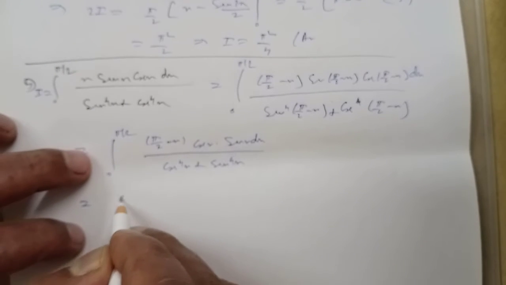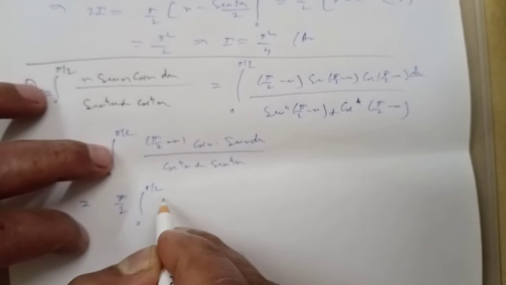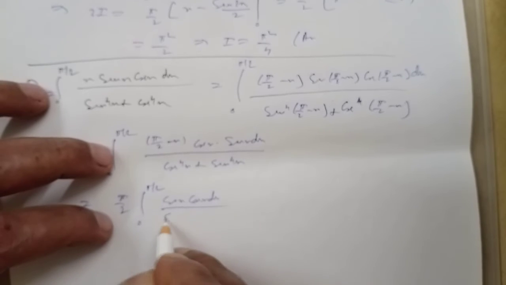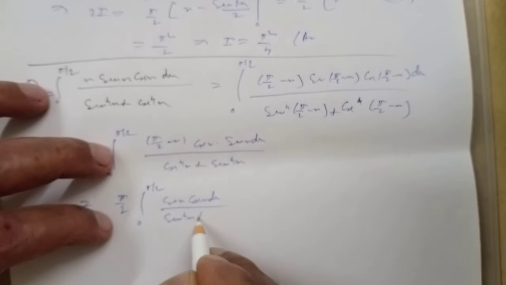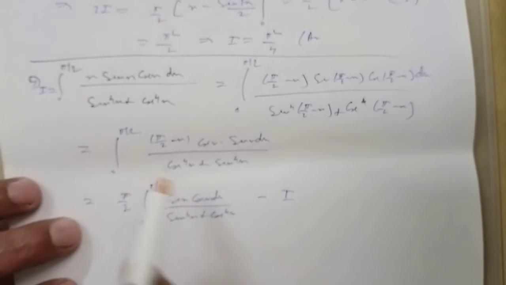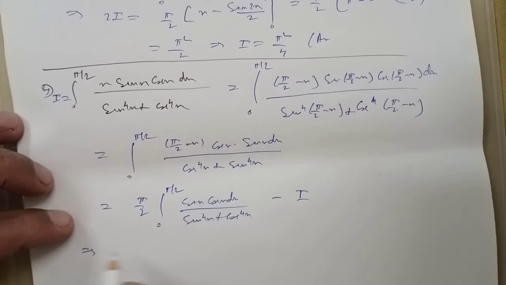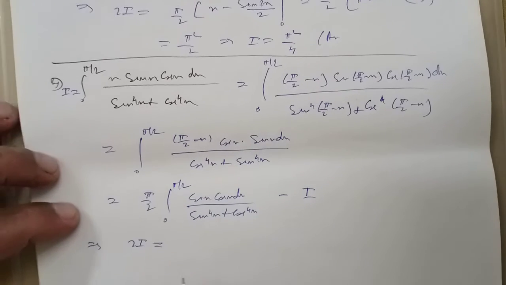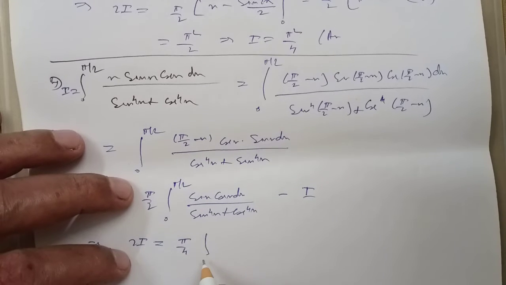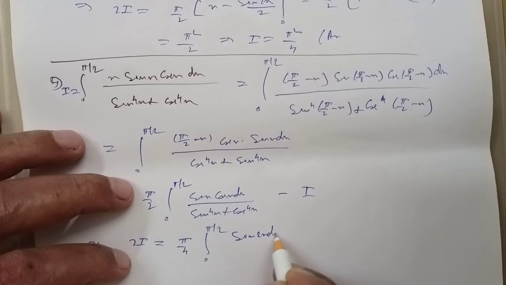We get pi by 2, 0 to pi by 2 sin x cos x dx by sin to the power 4x plus cos to the power 4x, minus I, because this becomes I. So we get 2I equals to pi by 4, 0 to pi by 2 sin 2x dx.